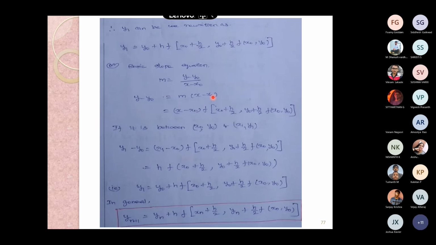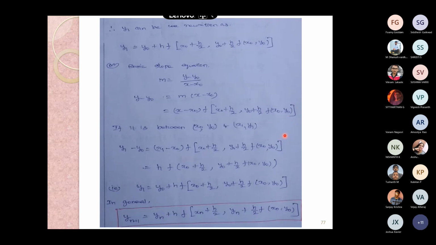Let the x minus x naught be, and instead of m, I am going to apply this function, that is the function of x naught plus h by 2 comma y naught plus h by 2 into f of x naught y naught, between x naught y naught and x1 y1.